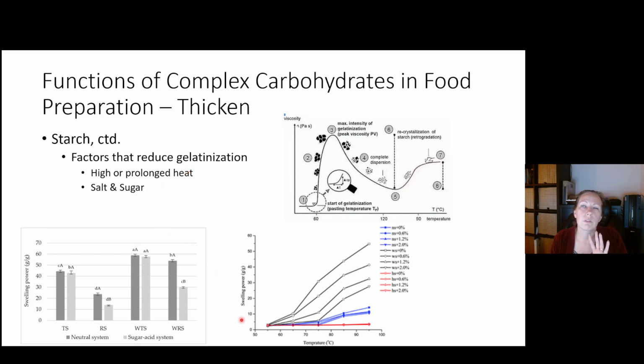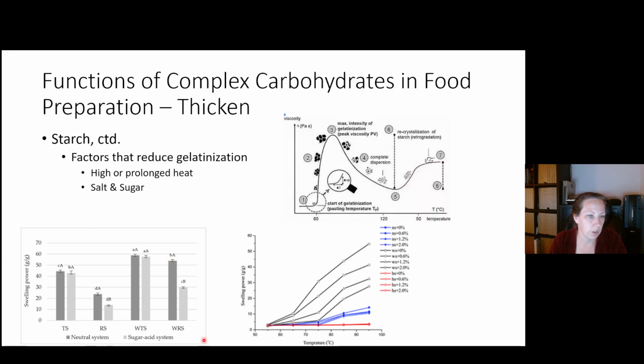Now, the salt isn't typically too much of a factor at lower concentrations, but the sugar can be. So I grabbed a couple charts from some studies.